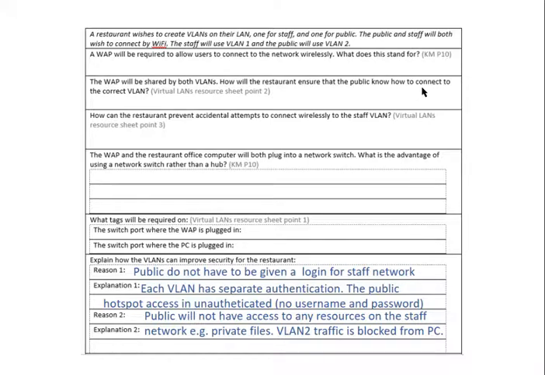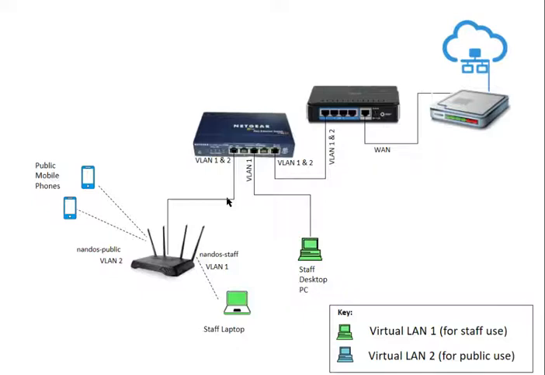How will the restaurant ensure that the public know how to connect to the correct VLAN? Well, remember, each VLAN is invisible to the other. So if the restaurant log on to the network on VLAN 1, they could set up their wireless access point with the name Nando Staff, and that would be the wireless connection for VLAN 1.